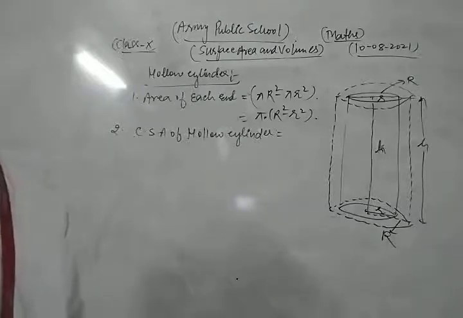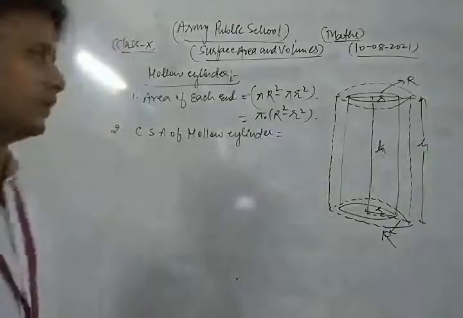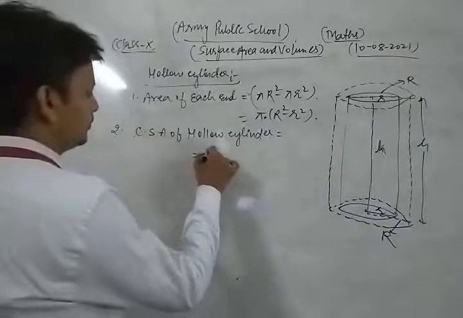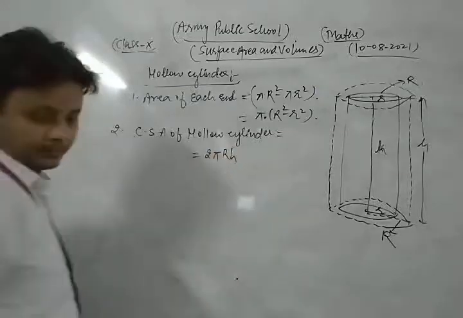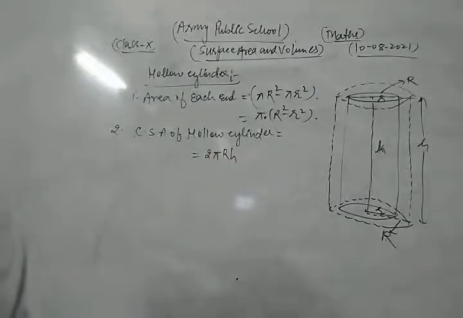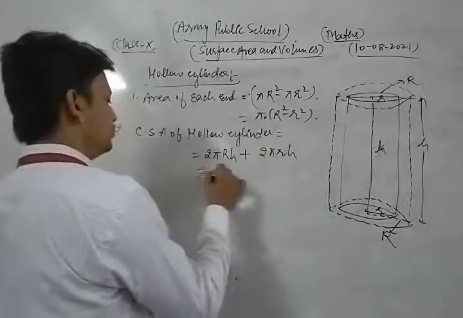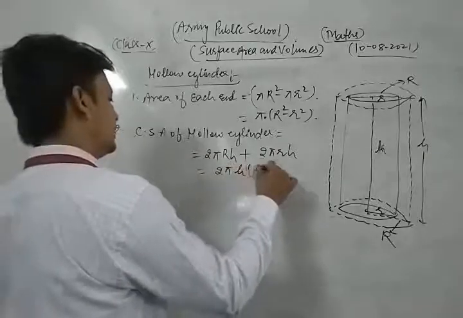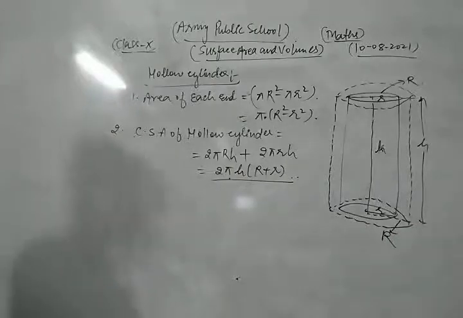Dear student, the concept of curved surface area of a hollow cylinder is external surface area plus internal surface area. The external surface area is 2 pi RH, and the internal surface area is 2 pi small rH. So we take 2 pi h common, in bracket capital R plus small r. This is the formula for the curved surface area of the hollow cylinder.